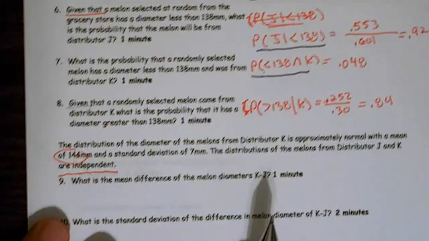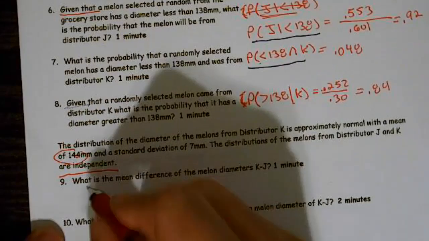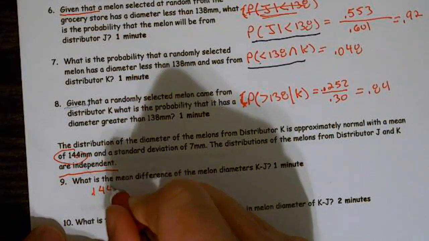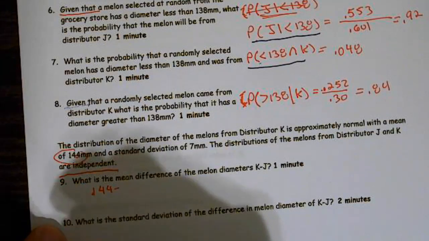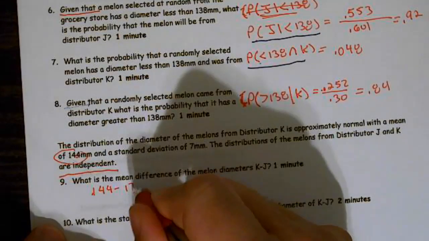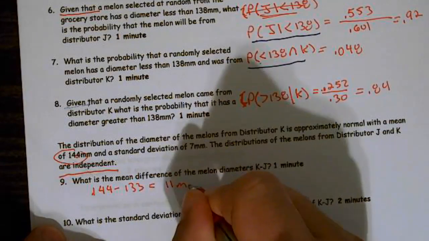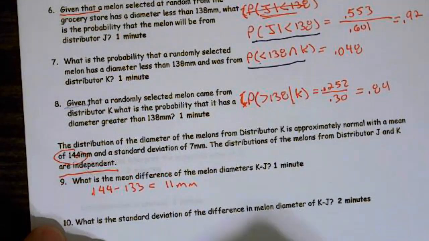Well, that means I can just go 144 minus 133 equals 11 millimeters.